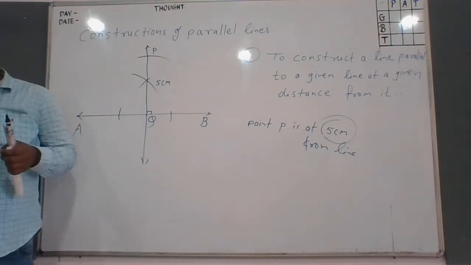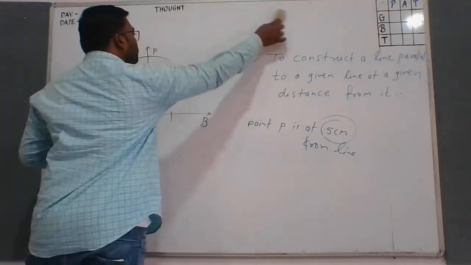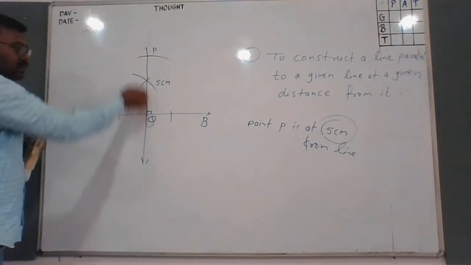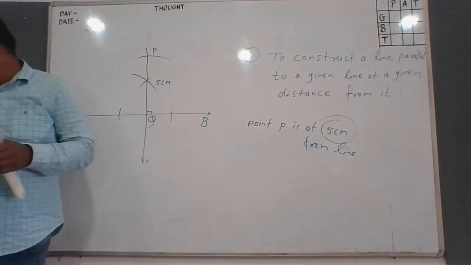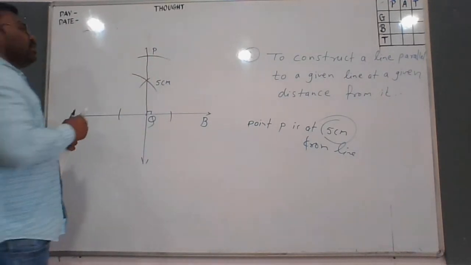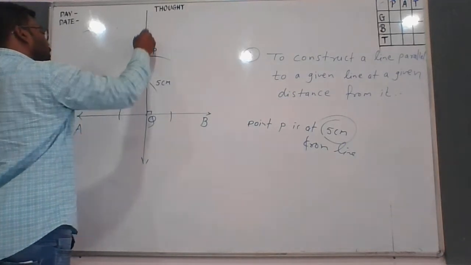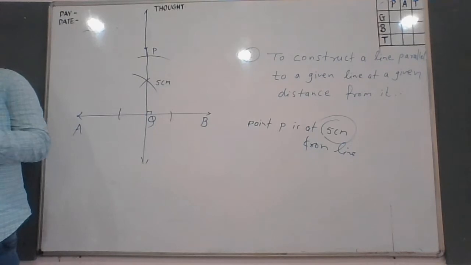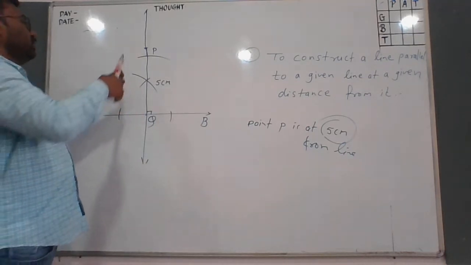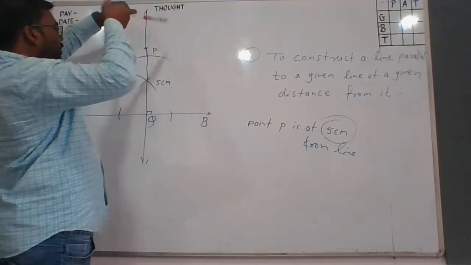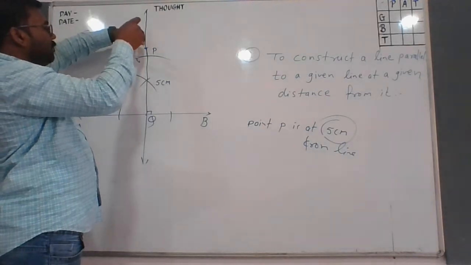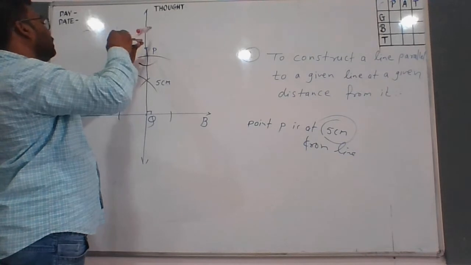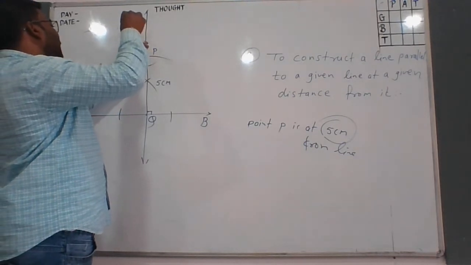Okay. So for that, whatever procedure we followed for drawing the perpendicular, the same we can do from the point P. So again, what we will do, put the pointer on P and draw the angle of 90 degree. Take any radius, first arc. This is the second arc.